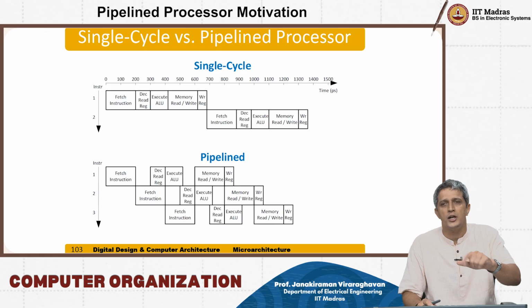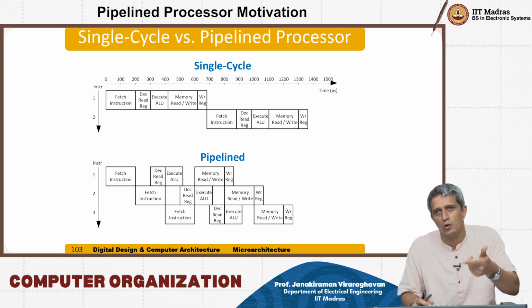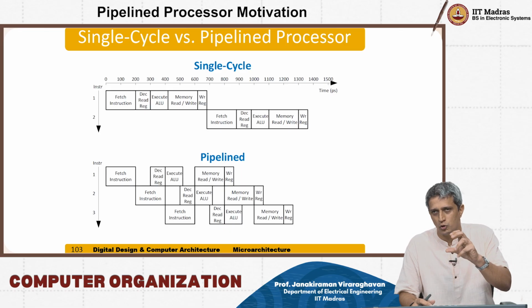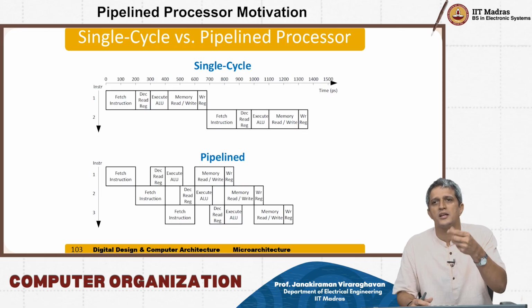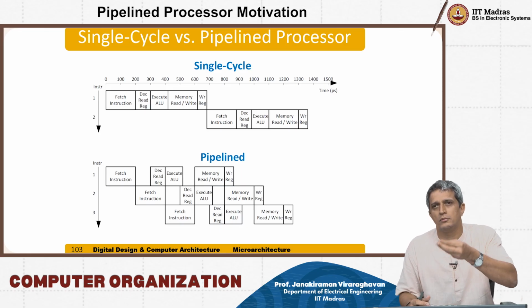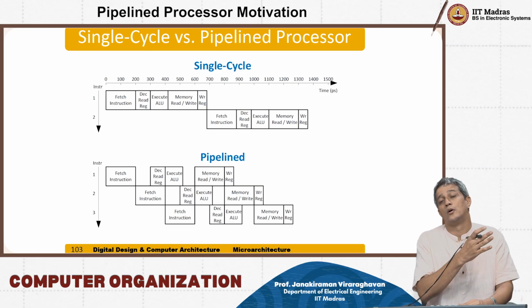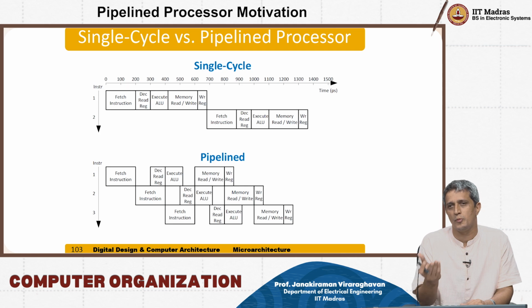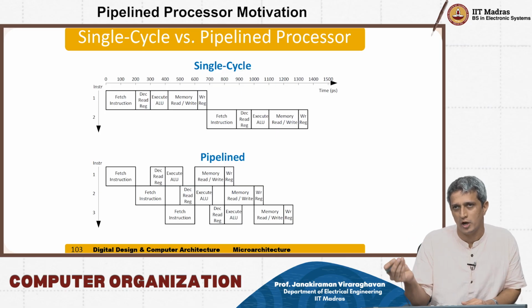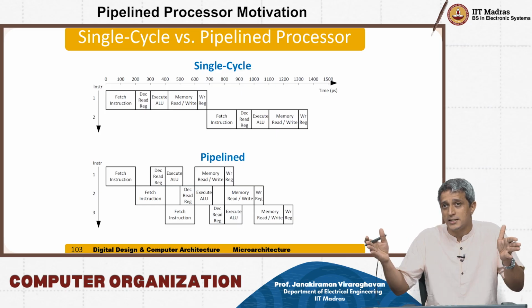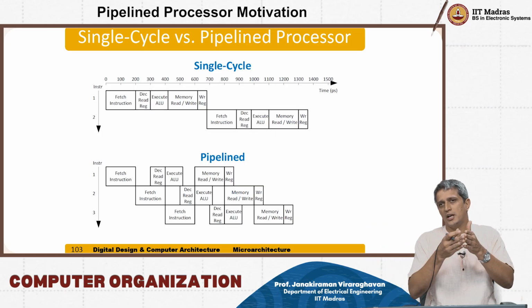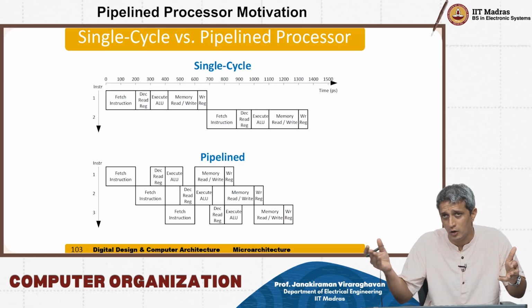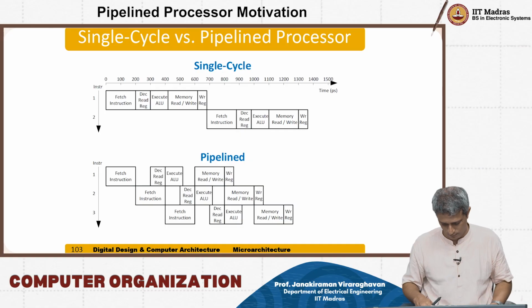So every 200 picoseconds, you will be able to get the result of some instruction or the other over time if you wait long enough. So the throughput of this system is going to be one output every 200 picoseconds. But the latency of one instruction is still 5 clock cycles, and therefore we are talking of 1000 picoseconds here.